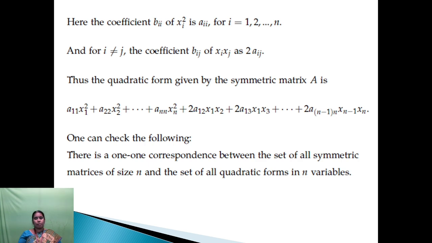Thus, the quadratic form given by the symmetric matrix can be written as a11 x1 square, a22 x2 square, etc., ann xn square, plus 2 times a12 x1 x2, 2 times a13 x1 x3, etc., plus 2 times a(n-1)n x(n-1) xn, in this format. Yes, one can check that there is a one-to-one correspondence between the set of all symmetric matrices of size n and the set of all quadratic forms in n variables.